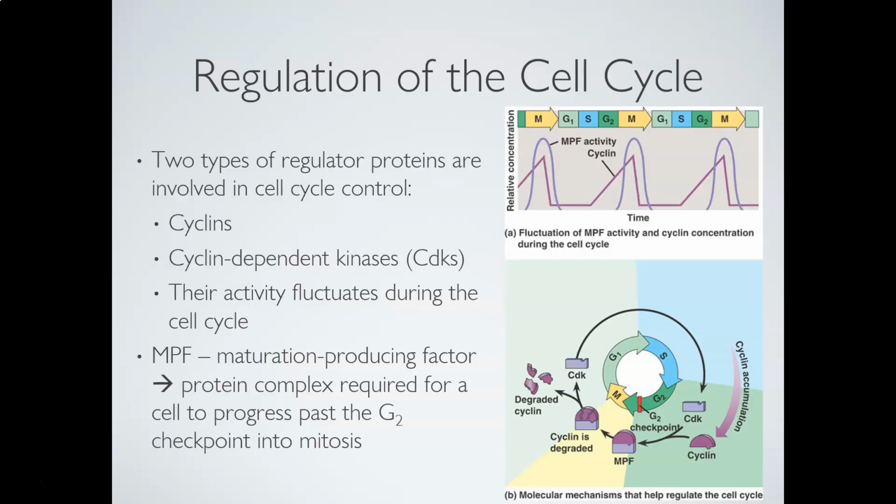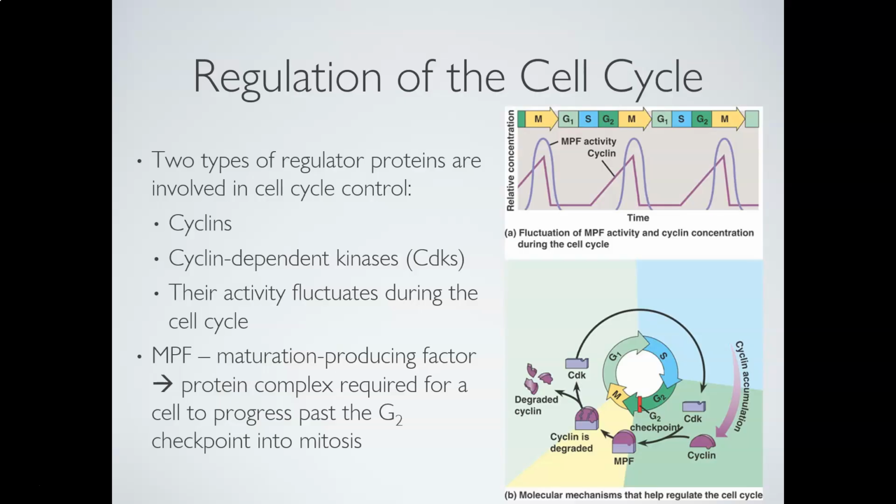So I keep mentioning it's all molecularly controlled, right? Well, that's because there are really two major types of regulator proteins that are involved internally in the cell to control that cell cycle. And because they're proteins, that does also mean that they are genetically controlled, right? We need protein synthesis to build up these proteins, increase their protein synthesis, and then we'll also break them down over time. So when we look at these, we're looking at these cyclins and these cyclin-dependent kinases, or CDKs.